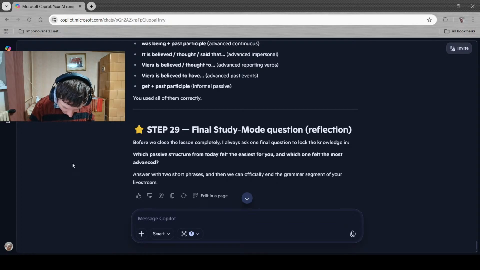The easiest one is the one for beginners, and the hardest are the high-level passive forms.